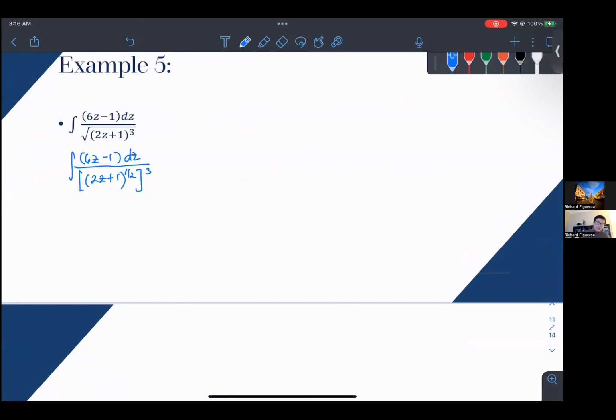We only take the raised to 1 half, to make it an integer exponent later on. So u will just be 2z plus 1 raised to 1 half.